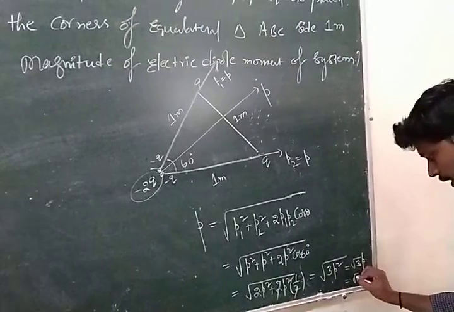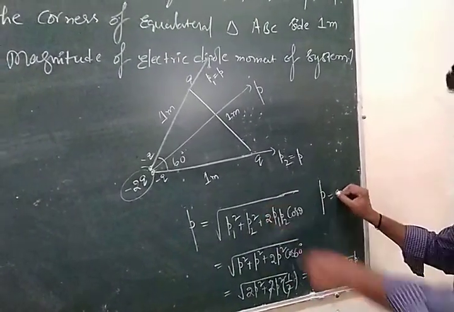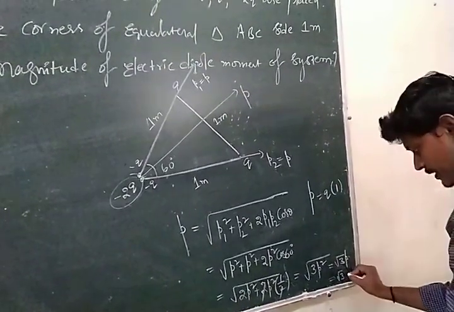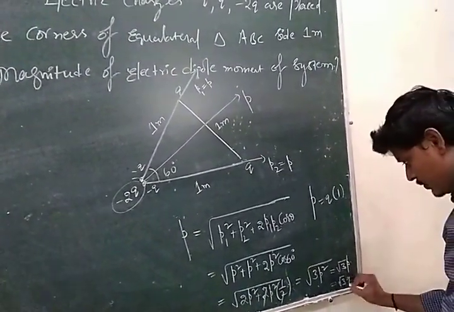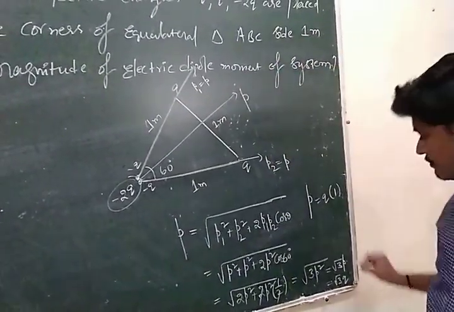The dipole moment of this dipole is root 3 into P, that is equal to magnitude of charge into separation between two charges, that is 1. Therefore root 3 into Q into side, which is 1.